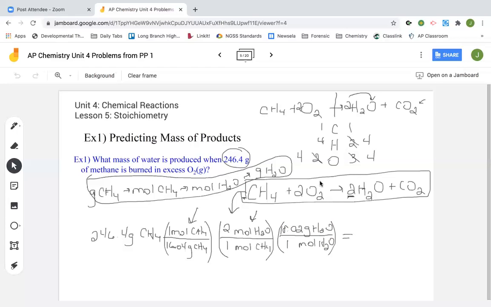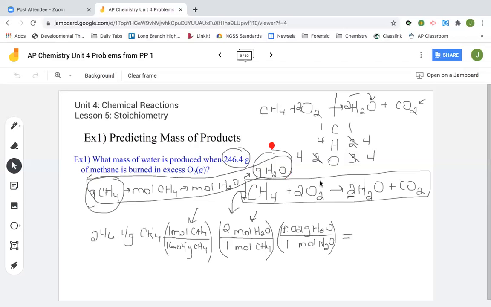We're going to take the atomic mass of all of our elements and add them up. So now we have our mathematical equation to get from grams of methane to grams of water.